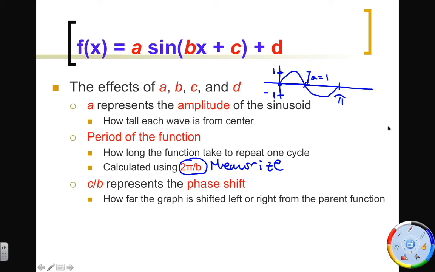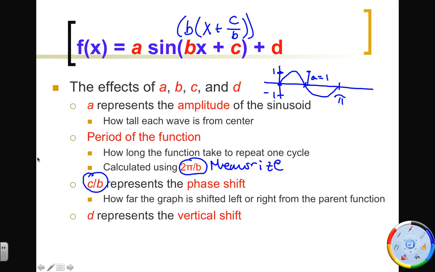It's not too bad once you get the hang of it. And remember, this is very important that you do remember that it is C over B. It's not just the C value here. It's actually a ratio of C over B. And if you think about this, this is actually the sine of B times (X plus C over B). That actually shows the transformation left and right, the translation there, the X plus C over B.